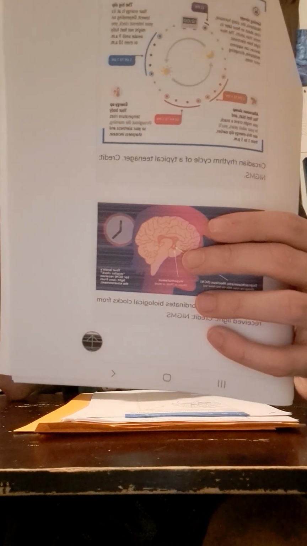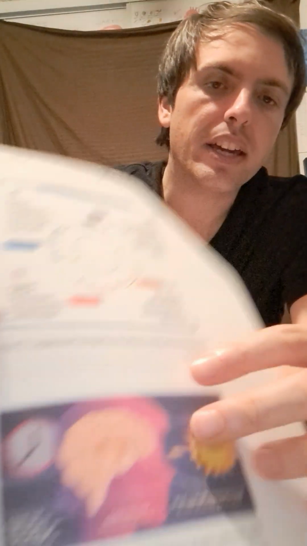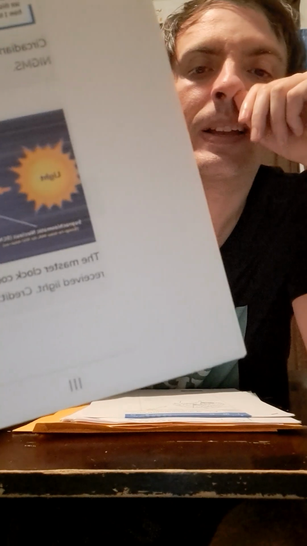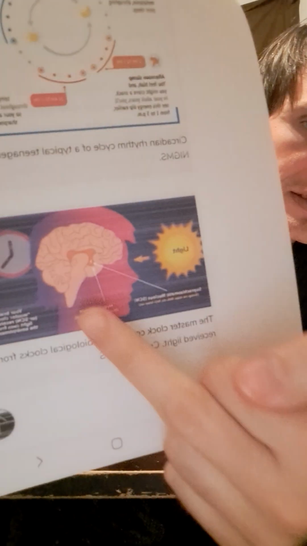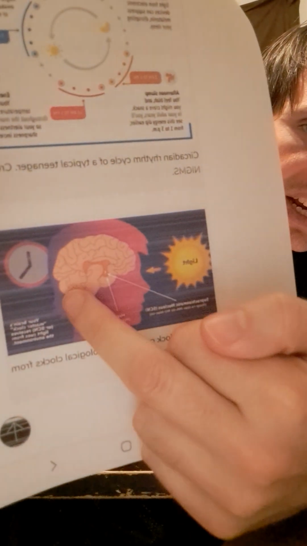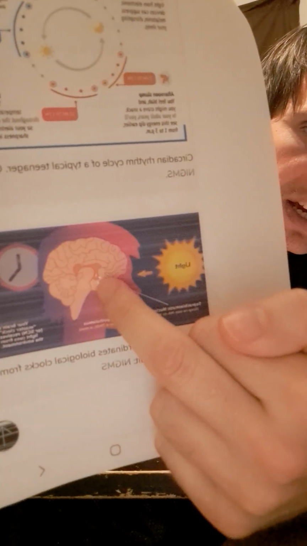It says suprachiasmatic nucleus. So that's the part of the brain here. You see the little orange part right here?